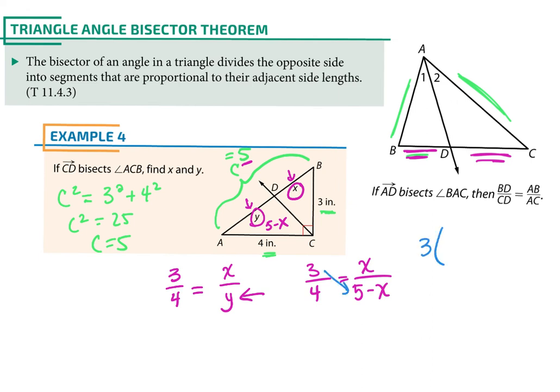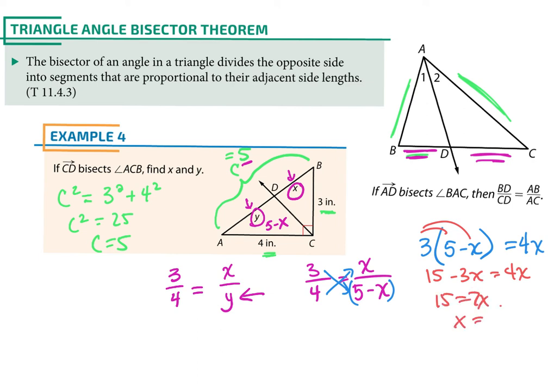And then I'm just going to do my cross multiplication here. Another thing I saw on the quiz, when you cross multiplied here, you didn't put parentheses and distribute, okay? So anytime you have a group, you have to keep it as a group. So here I am going to have to distribute this guy. I'm going to say 15 minus 3x equals 4x, right? Add that over, 15 equals 7x, so x equals 15 over 7.